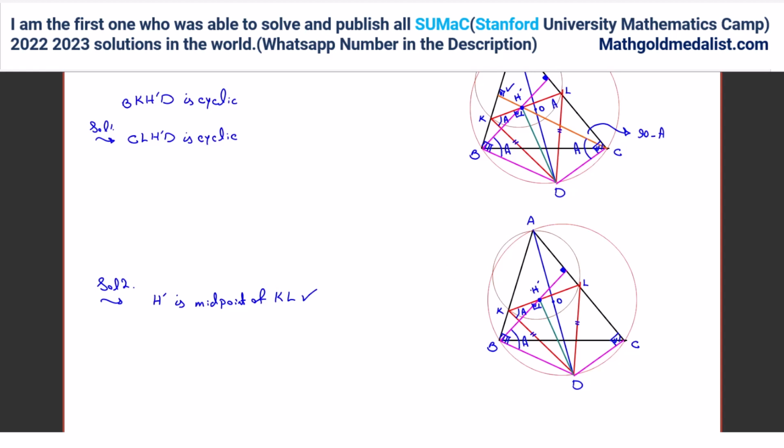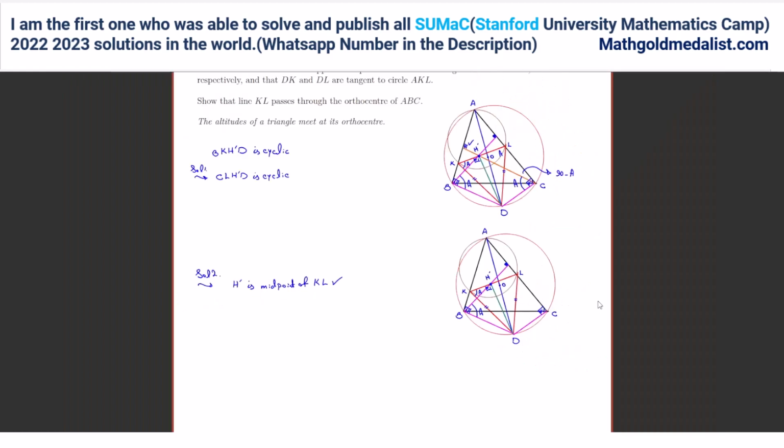For example, sometimes you find this one is B over 2. So when you draw this, you can conclude this one is C over 2, right? Right. You can switch B and C. But because H prime is the midpoint, it is not related to B or C. So if you draw the altitude of this, again, it passes through the midpoint of KL, right? Right. Okay.